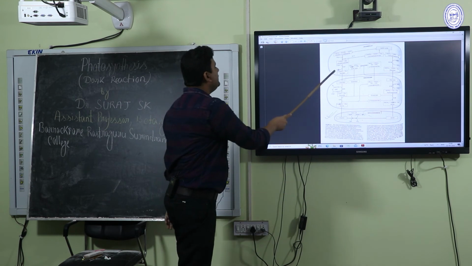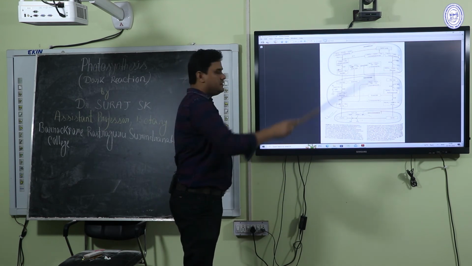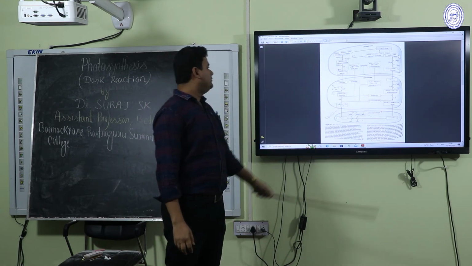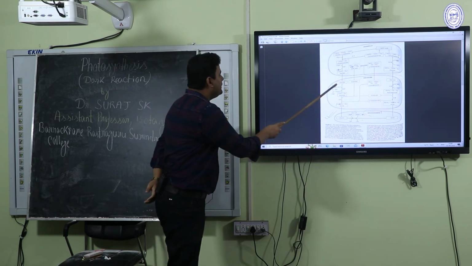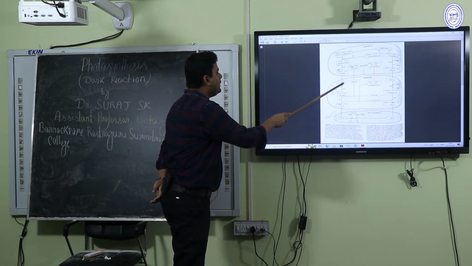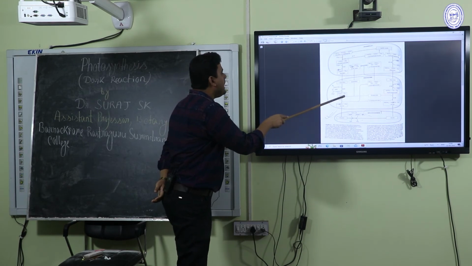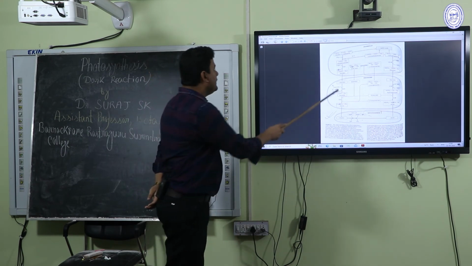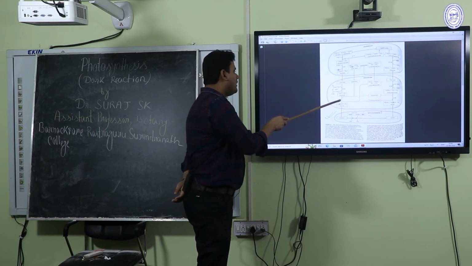This glycolate will be transported into the peroxisome, and here you can see that this glycolate will be converted into glyoxylate.